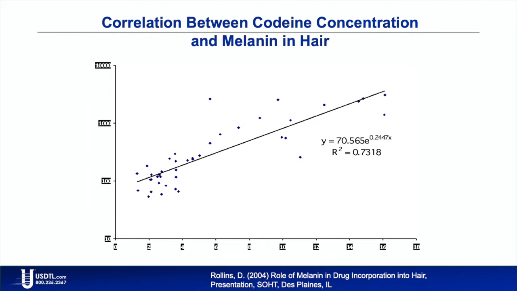And as the concentration of melanin goes up, the concentration of codeine goes up, and it follows that best fit line rather well, which is further characterized by the R-squared value of 0.73, which is a very strong effect size for the concentration of melanin versus the concentration of codeine. That's a very strong correlation or association. In layman's terms, you can think of this that 73% of the codeine concentration is explained by the concentration of the pigment there. So that's a very strong variable.